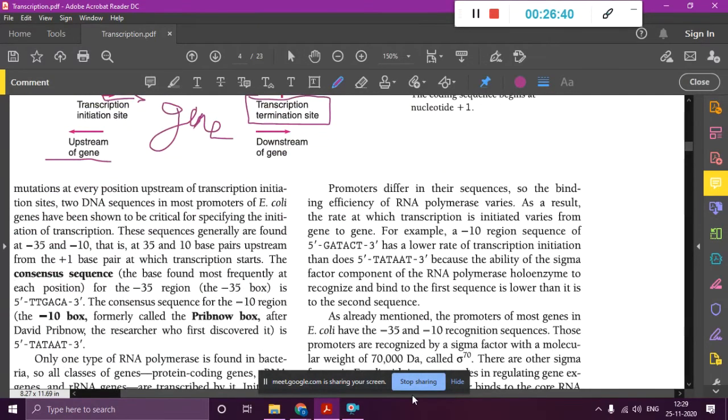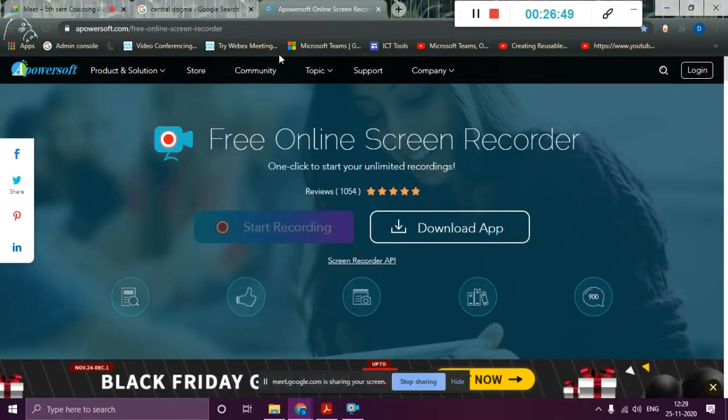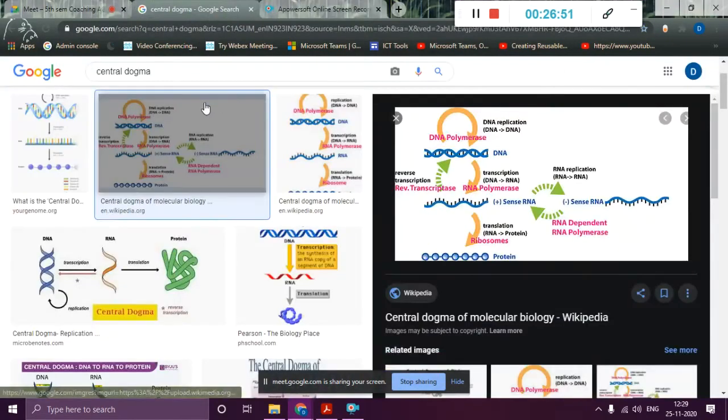So after comparing several, let us have a look at a bacterial promoter. Let's see if I can find a picture of a bacterial promoter.